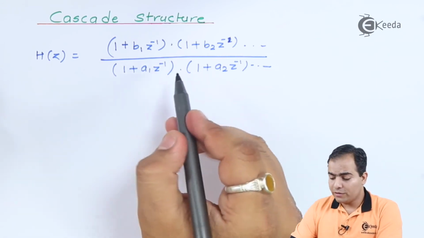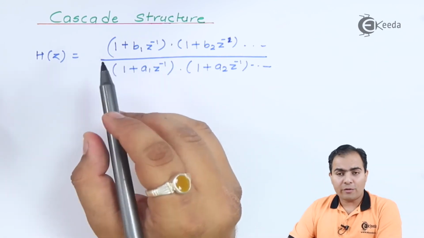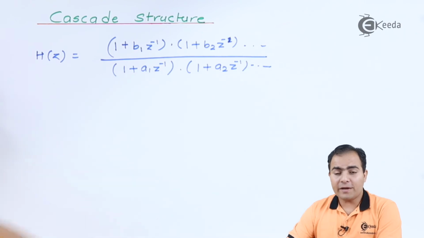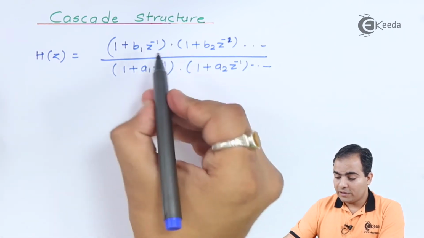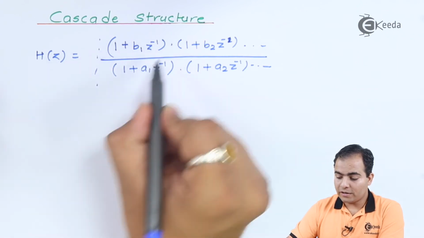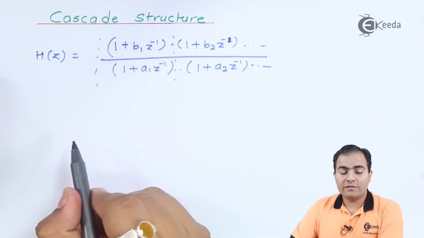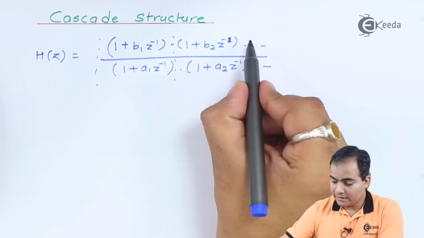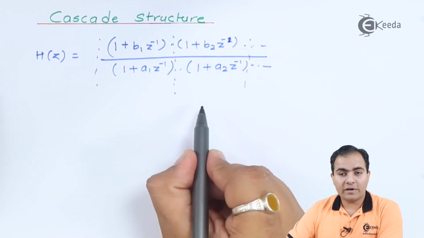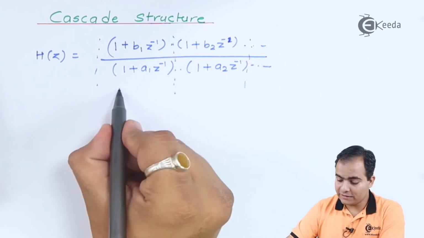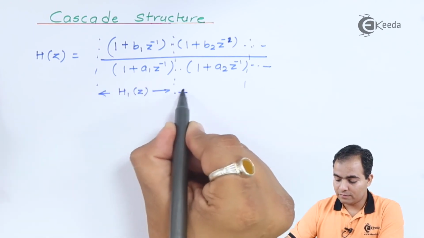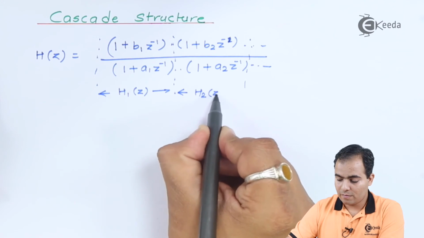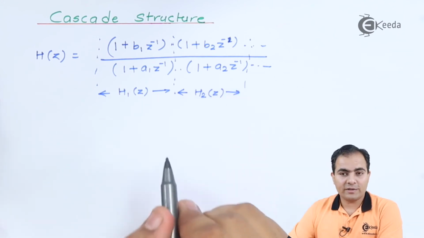Now what you have to do, in cascade format we want different transfer functions. I'll assume this whole part gives us one function, and the next product part gives us a second function. So let's say this one is my h1 of z, and the next part is my h2 of z.